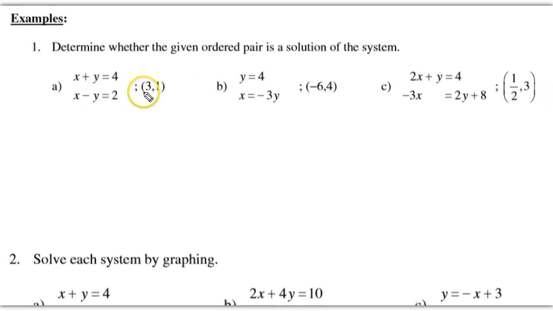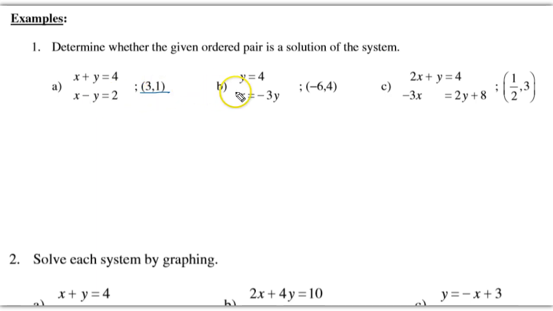And we solve this by seeing whether or not this ordered pair is a solution for this equation and a solution for this equation. So what we want you to do is to put these values, this for the x, this for the y, into these equations and see if they make a true statement.